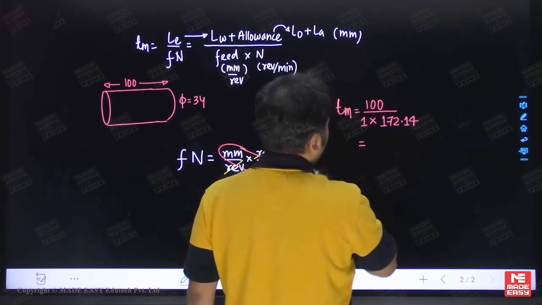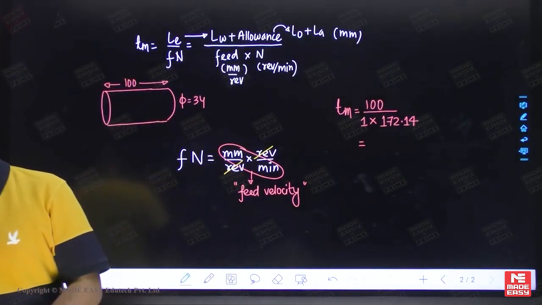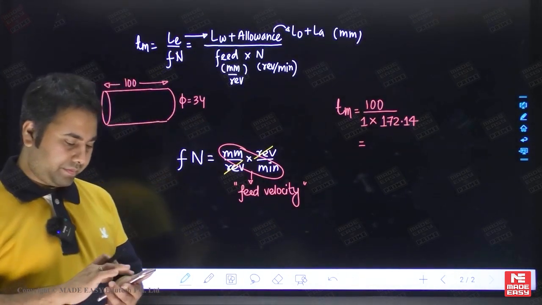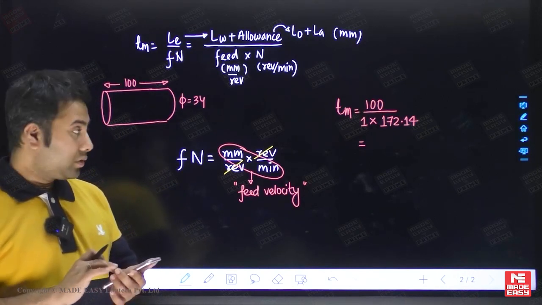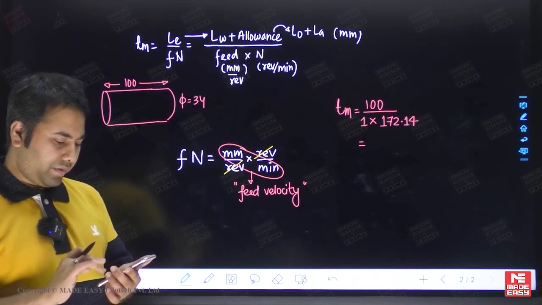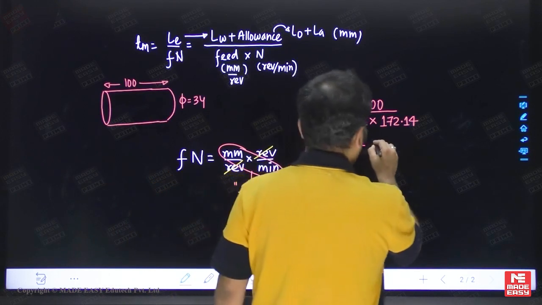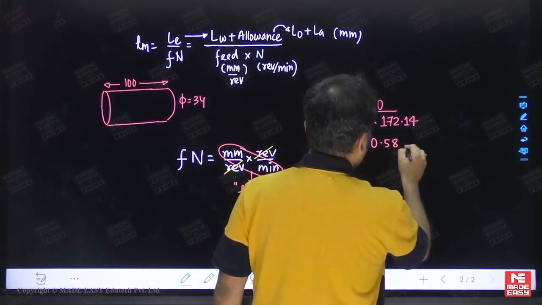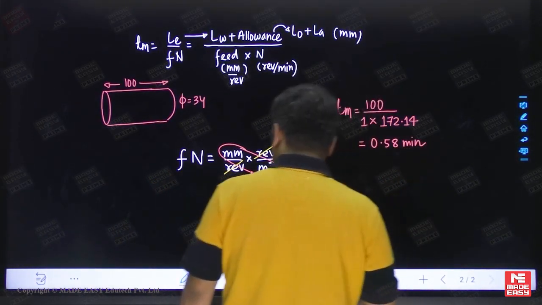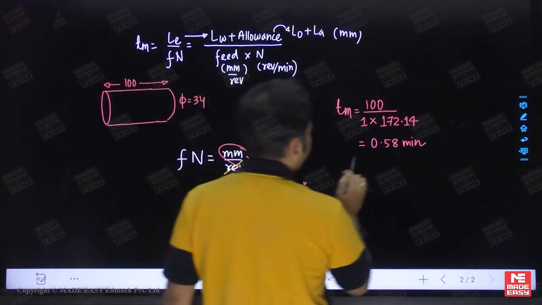This will be in minutes, and that is the machining time for the first pass. So 100 divided by 172.14 is 0.58 minutes. This is the time for the first pass.